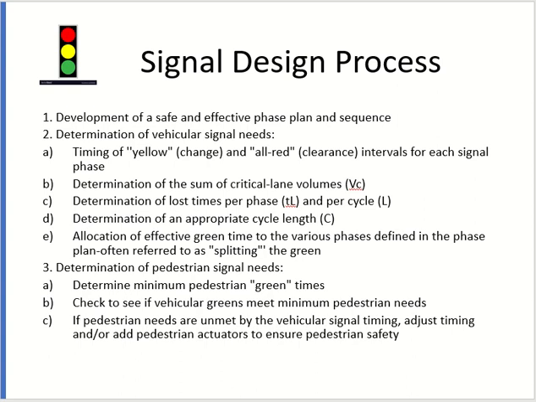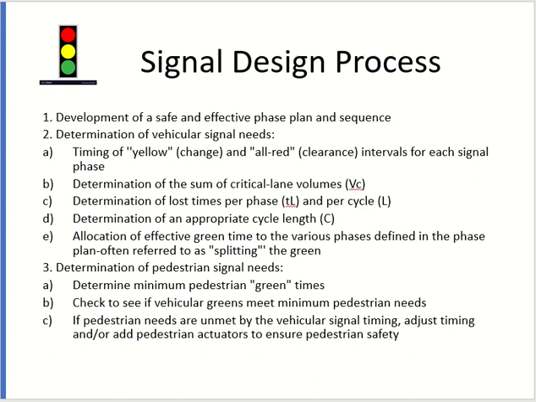Then since you already developed the phasing plan, now you know in each phase which lanes are open. From these lanes, you will pick one for each phase as a critical lane, and you will take the volume of that lane. That will be your critical volume. For the signal design, you will add all the critical lanes.